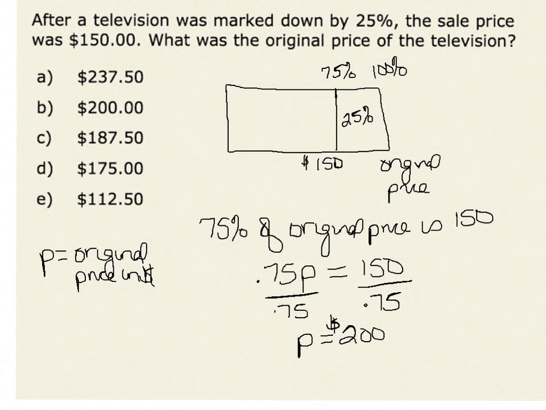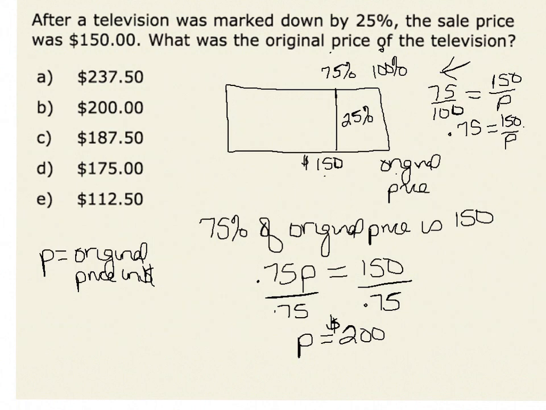Another way I could have set up this problem is using my diagram. Setting it up as a proportion, I would have 75 over 100 would be the same as 150 over my original price P. We would notice that 75 divided by 100 is indeed 0.75, and that would be equal to 150 divided by the original price.